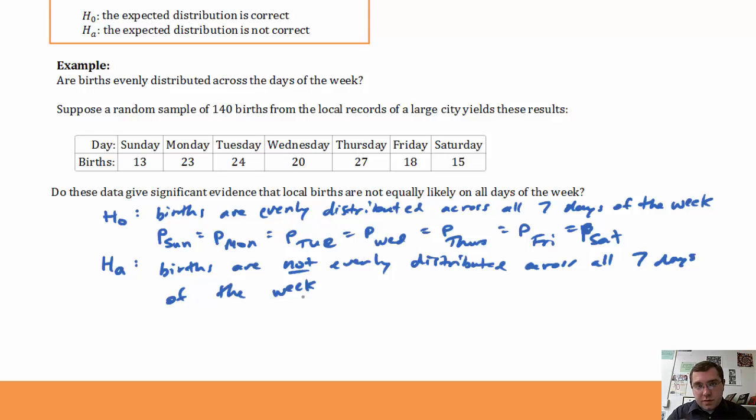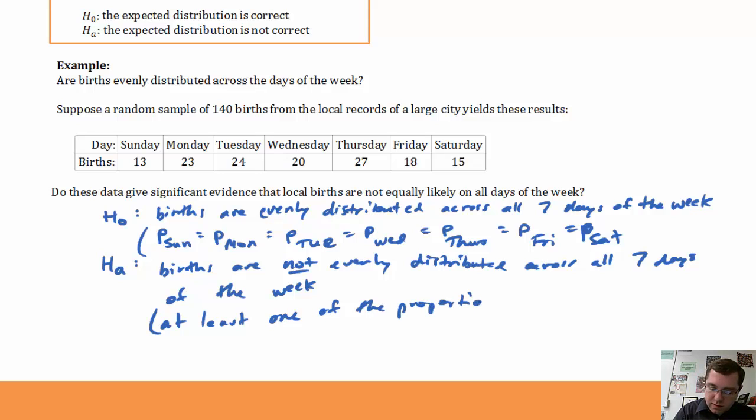With symbols, that would be that at least one, so this is the alternative way to write it, at least one of the proportions is not 1/7. Because if they're all the same, we would expect all of those proportions, so we should write that in our null hypothesis, we would expect them all to be 1/7.